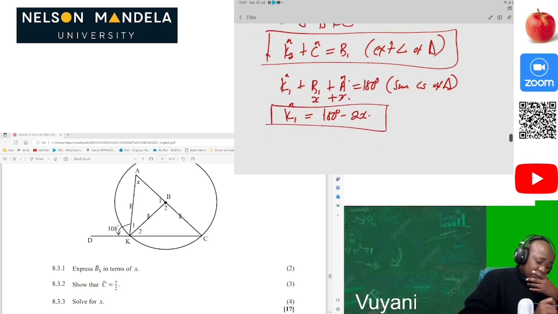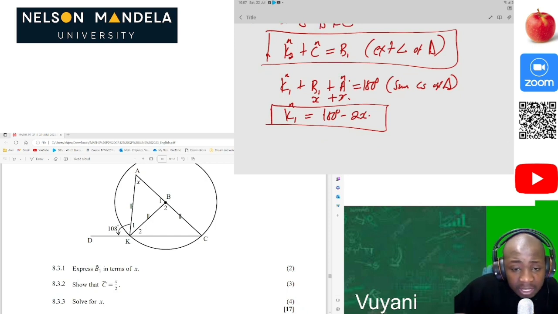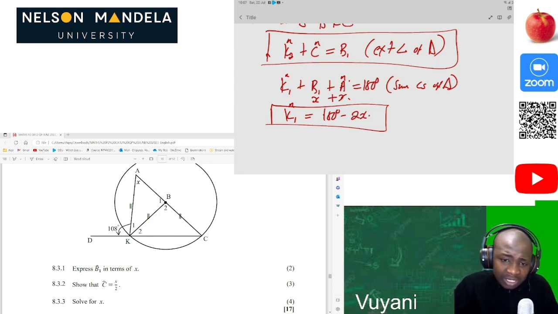Now we want to know the value of C. How do we calculate the value of C? We can see that K2, which we have already written down, we want to know K2, but is it important to know K2? Let's check.